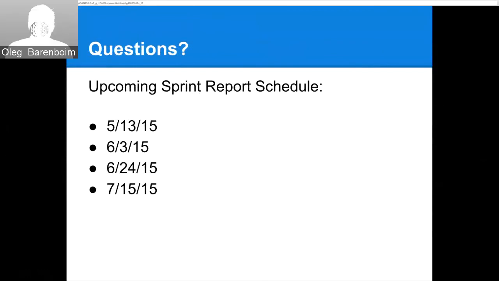Hey, Oleg, this is Kevin. I did have one question, mainly directed towards Dan. I was just curious why the host name or the IP address was being removed from the UI. I saw that in the 5.4 release recently, and I was trying to figure out what that was all about.